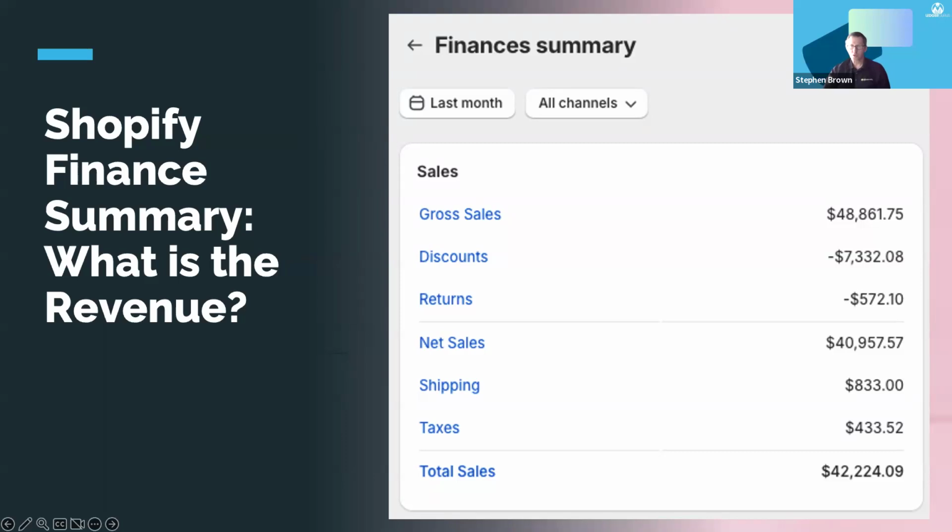So I'm going to give you a choice for 4 questions. This is the finance summary report from Shopify. We always get this question: why does your revenue number not match the number in QuickBooks? Why does the Shopify number not match? There's more than this example, but I want you to just do a calculation here.